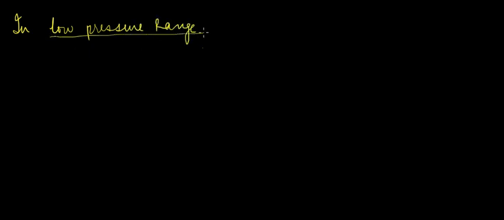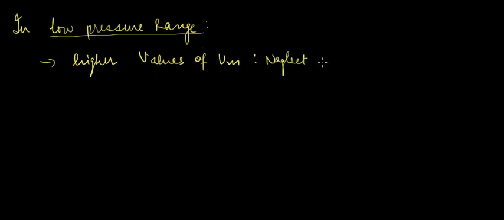So continuing from the previous lecture on the virial coefficients, in the low pressure range, we suppose we also have higher values of molar volume. So you can neglect higher terms.